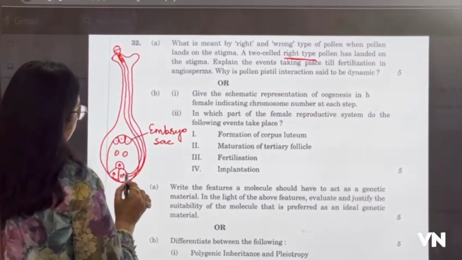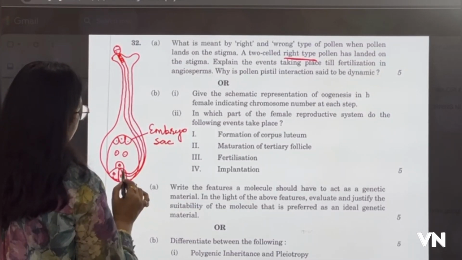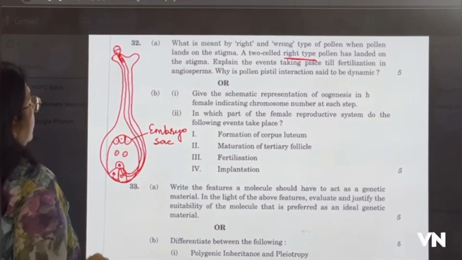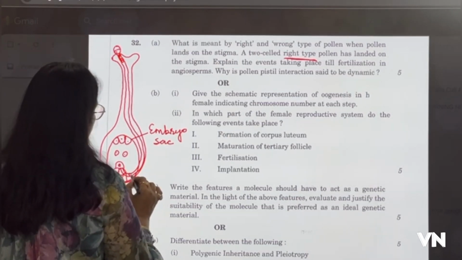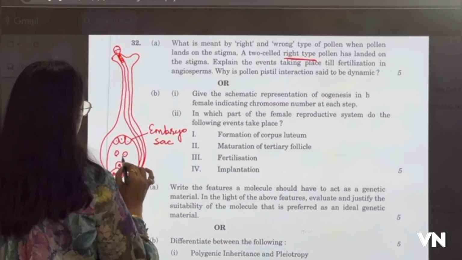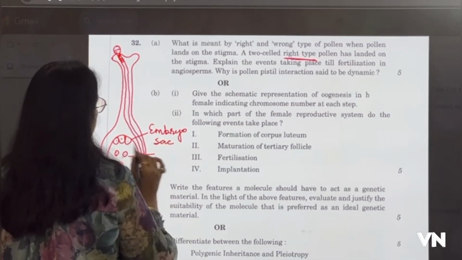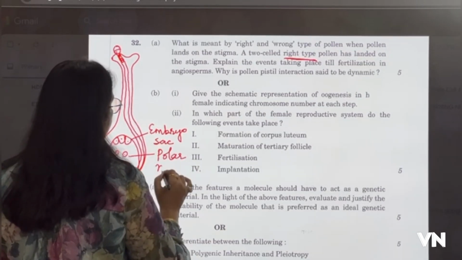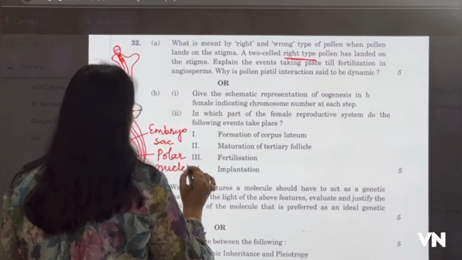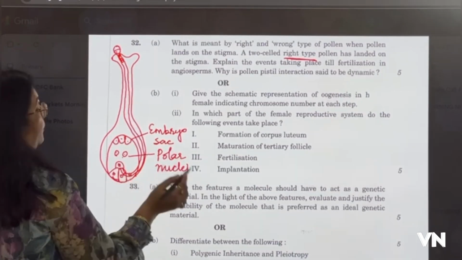So what will happen? The pollen tube will enter the egg cell. Now the first male gamete will fuse with the two polar nuclei in the large central cell. These are two polar nuclei. And another male gamete will fuse with the egg cell.